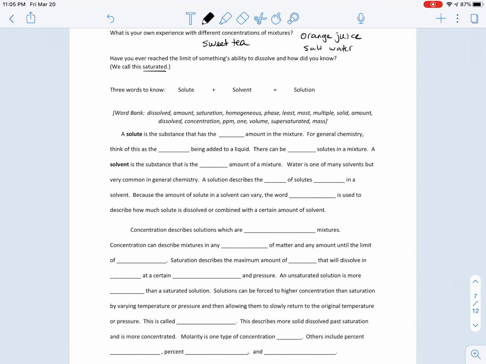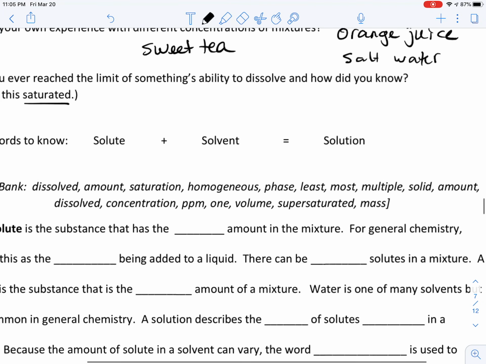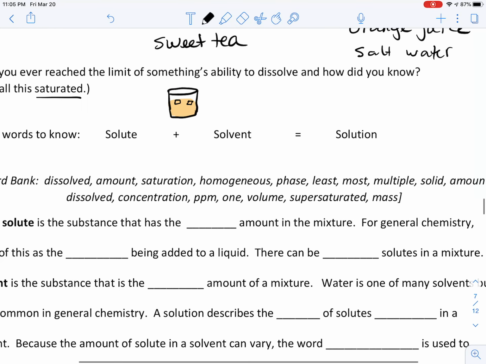Have you ever reached the limit of something's ability to dissolve, and how did you know? By the way, the scientific word for that is saturated. I'm going to zoom in and draw a little picture. If we go to our tea example, we've got ourselves a cup with some tea in it. I've got family from Ohio, and they love ice in their tea, so I'm going to put a little piece of ice in. And then the key thing is that they put sugar in it.